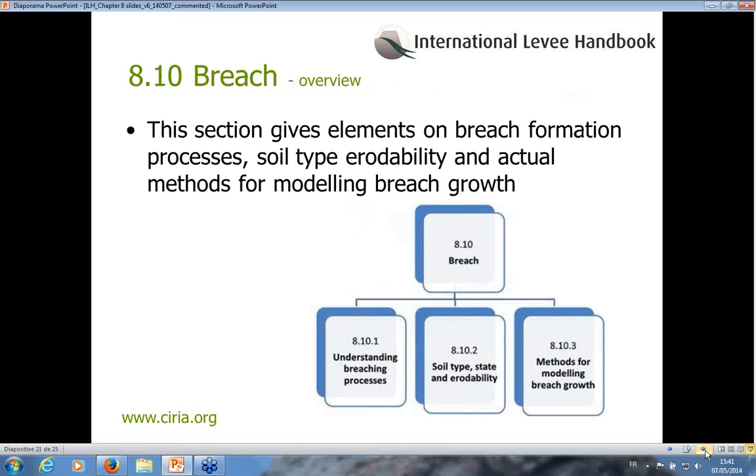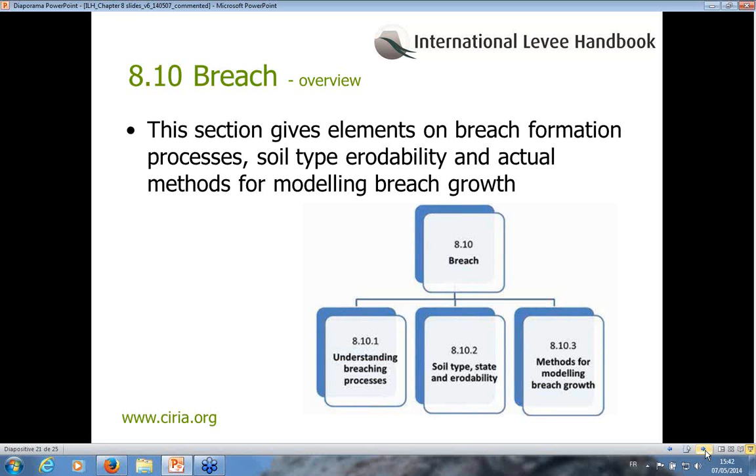The section 8.10 gives elements on breach formation processes, soil erodibility as a function of the soil nature, and actual methods for modeling breach growth. The breaching process is decomposed into 3 steps: initiation, formation, and widening. The factors affecting size and location of the breach are identified.